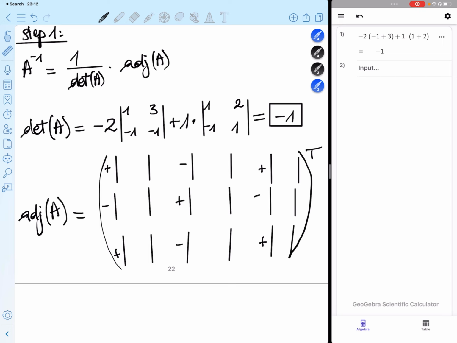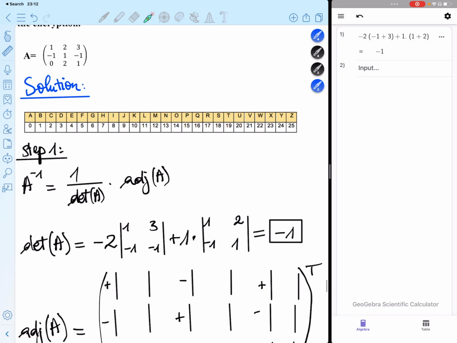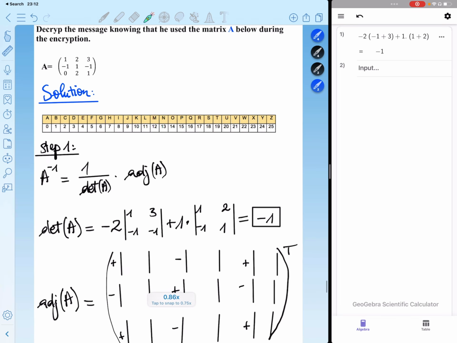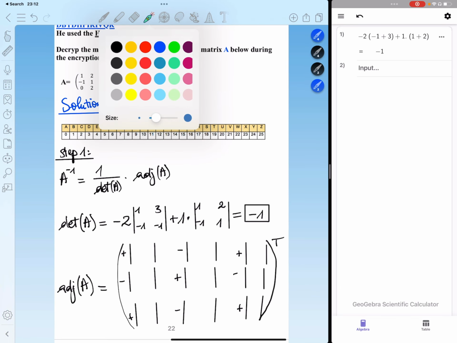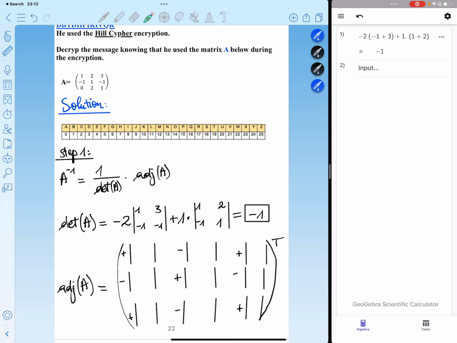The entries I'm going to put in this are going to be based on the matrix A. So for the first entry, which is this one, I'm going to hide this, and I'm going to put this matrix inside. So I'm going to have 1 minus 1 2 1. I put it here, 1 minus 1 2 1.